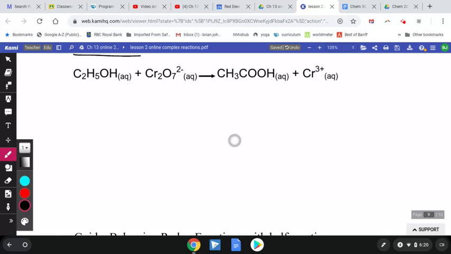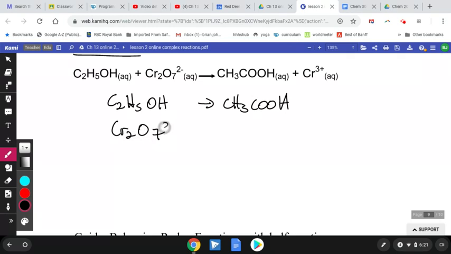All right, I'm going to build my skeleton half reactions. Just going to skip states for now. Everything's going to be aqueous. All right, let's do that first one. 2 carbon, 2 carbon. Carbons are done. Oxygens, 1, 2.